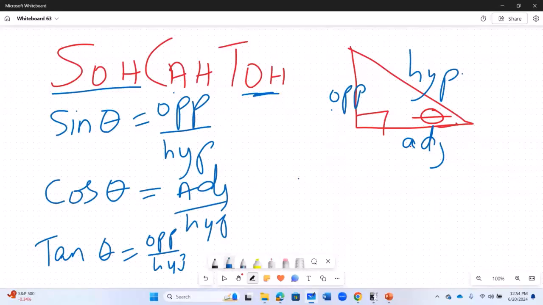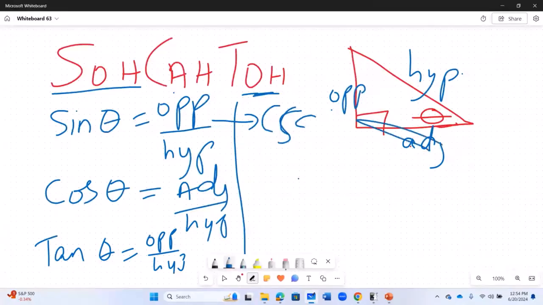All right, so sine has a brother called cosecant. I'm just going to write CSC, cosecant. And I will clean my big triangle here so that I can make it smaller.